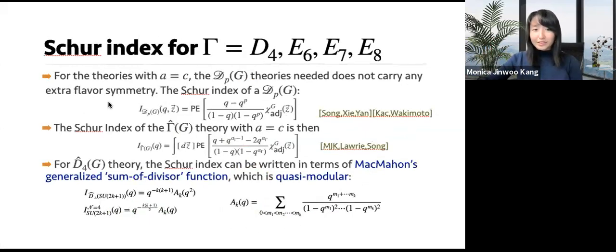For the 4 copy theories, we can actually compute the Schur index to match that of Ramanujan's generalized sum of divisors function, which is quasi-modular, and we can show explicitly that it has a closed form formula. That hints that maybe all the other ones could be quasi-modular, but we cannot say for certain because the series is not something we can really detect at the moment.